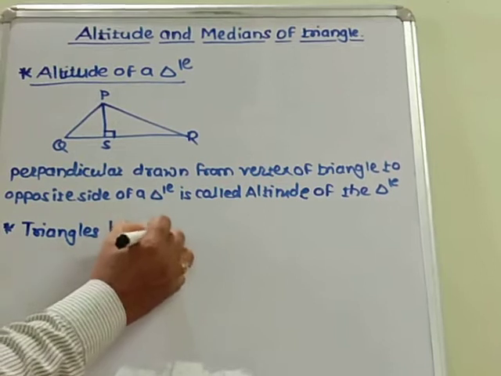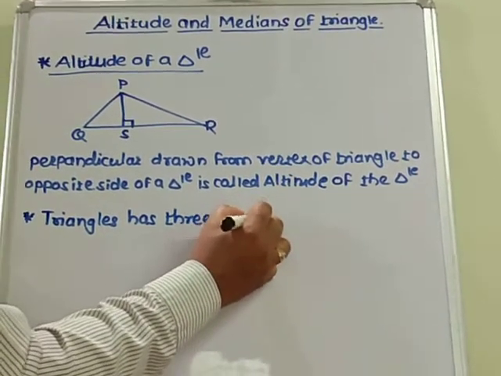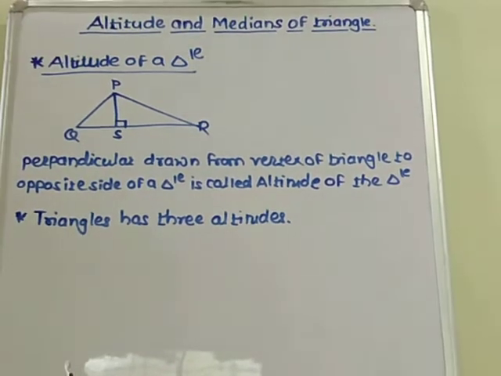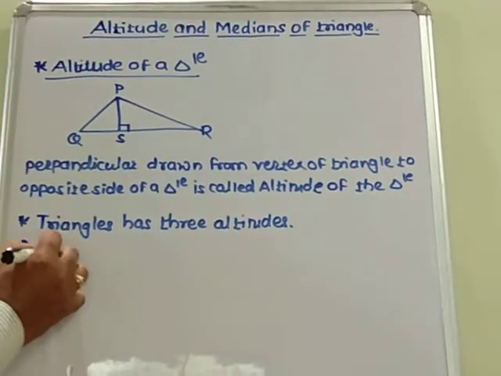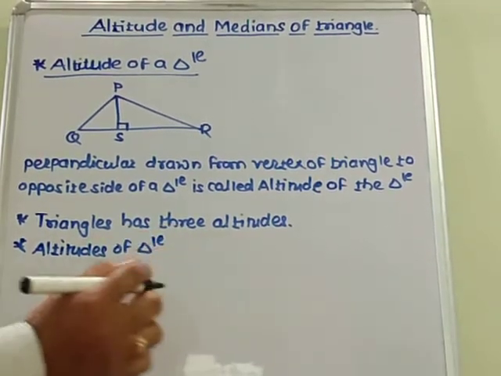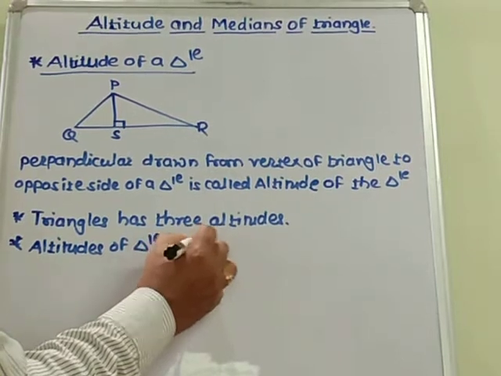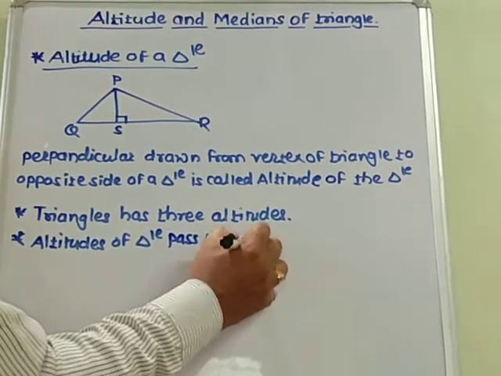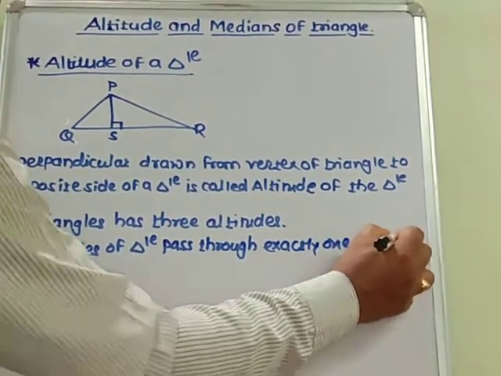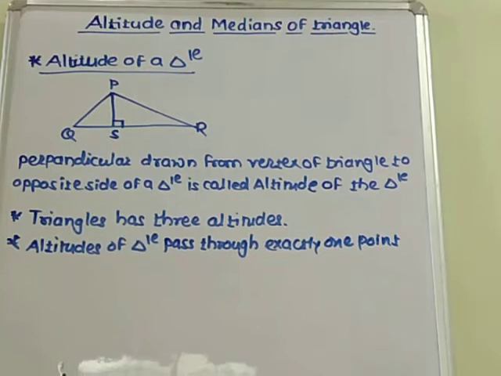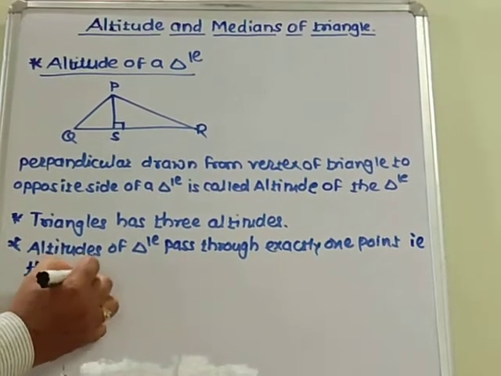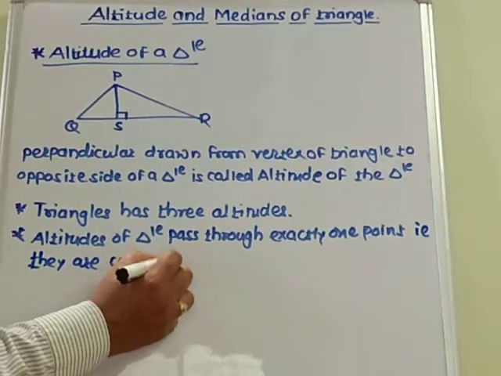The altitudes of a triangle pass through exactly one point. That means they are concurrent.